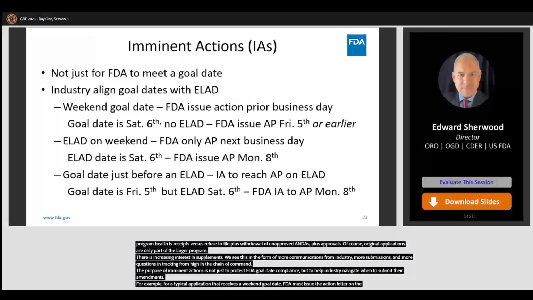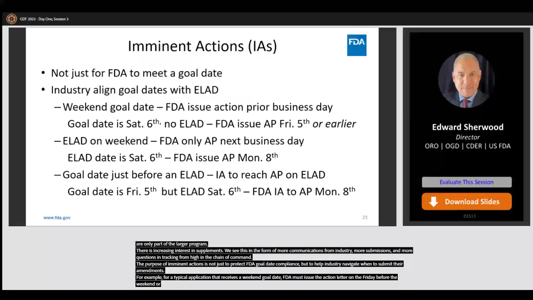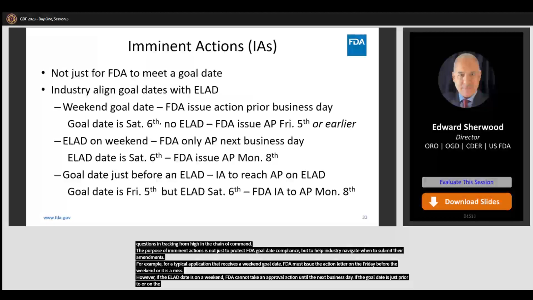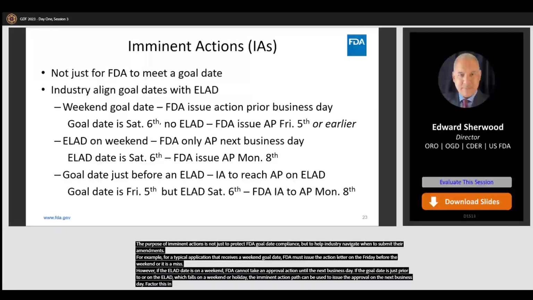However, if the ELOD date is on a weekend, FDA cannot take an approval action until the next business day. If the goal date is just prior to or on the ELOD, which falls on a weekend or holiday, the imminent action path can be used to issue the approval on the next business day. Factor this in when determining the date to make your submissions, especially conversion requests.